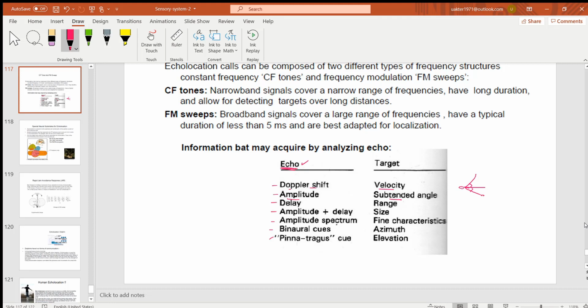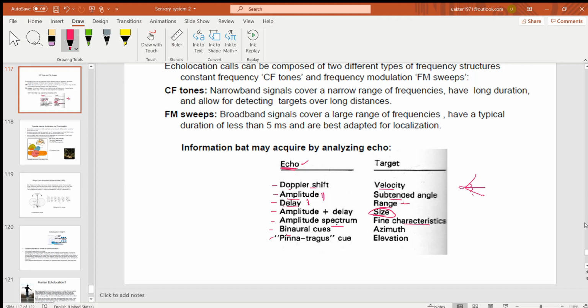So that helps to localize, right? Delay, that is the range or distance. Of course, bat sends pulse and waits for the echo, and based on the time difference, it can tell the distance. Amplitude and delay, these two together give the information about the size. Amplitude spectrum gives fine characteristics like textures or small parts of the body.